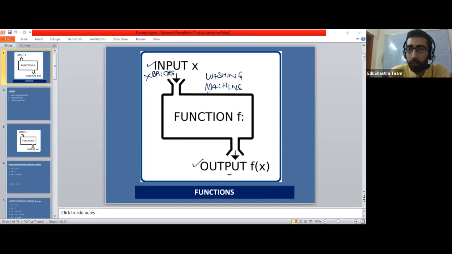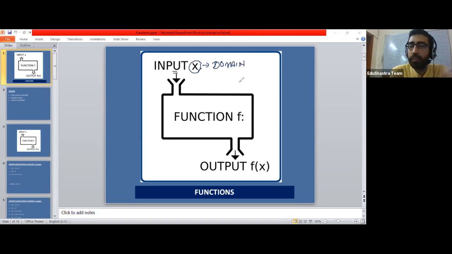What I'm trying to say here is that there are certain limits to the inputs that you can put based on the function, and those limits define what we call the domain. The domain of the input, the domain of x, because we generally take the input to be x.